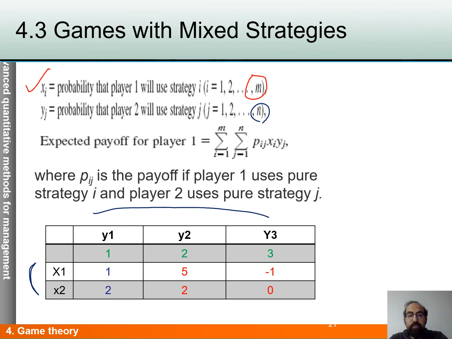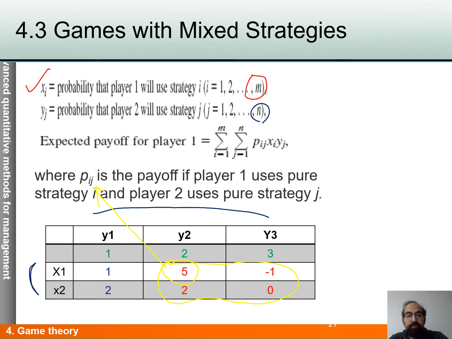Okay, as you see, guys, these elements that we have here, 5, -1, 0, and 2, are the payoffs. For example, this 5 is this Pij that we have here. All of them are this Pij.